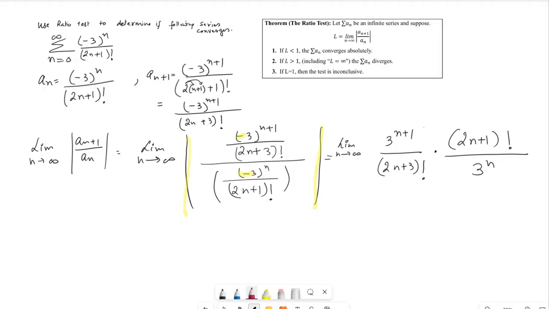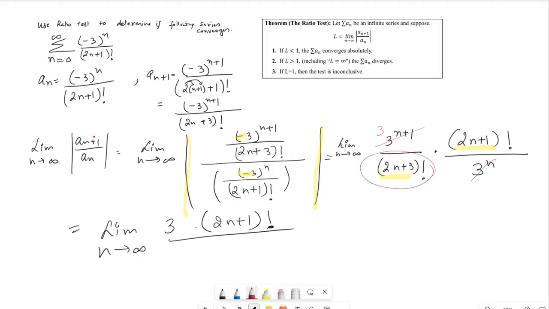First, this is 3^(n+1), it's one more 3 than 3^n, so one factor of 3 will be left. Also, please notice that 2n plus 3 comes after 2n plus 1, right? How many numbers after? 2 numbers after. So we have a 3 left, and (2n plus 1) factorial divided by (2n plus 3) factorial.